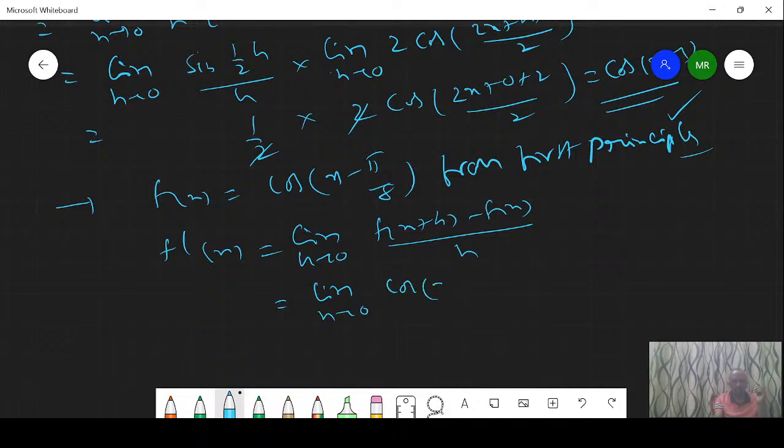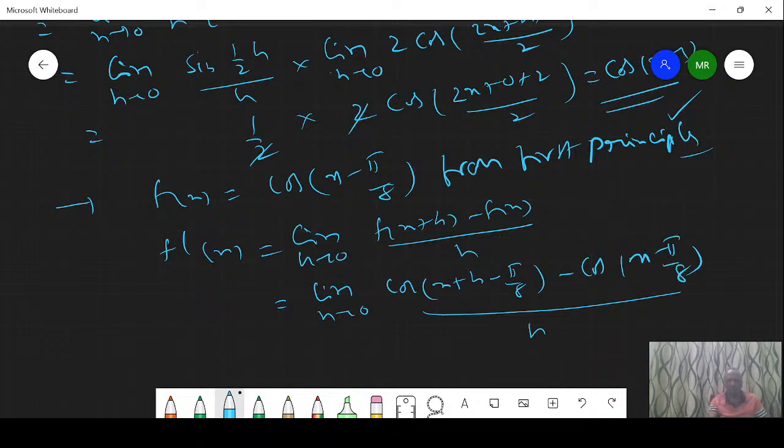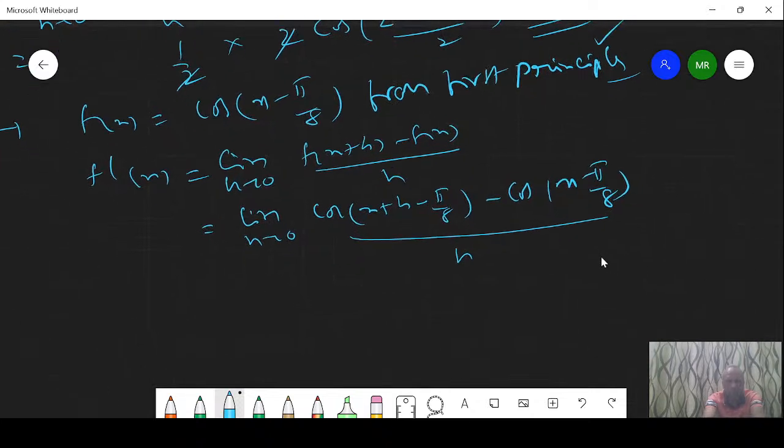Cos of x plus h minus pi by 8 minus cos of x minus pi by 8, by h. Right? It will come like this. When they are given like this, apply again cos c minus cos d. Just observe, what is cos c minus cos d?